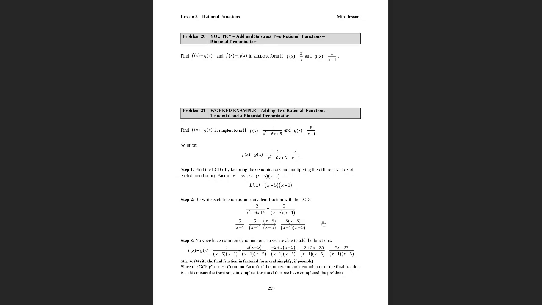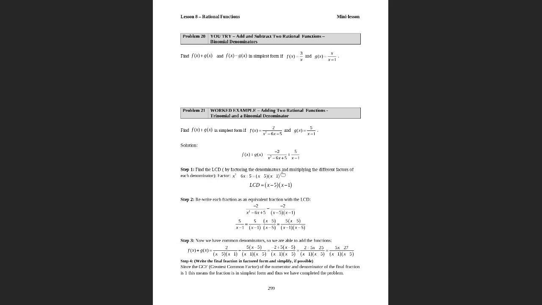Okay? So when you get to this point, you know that it's about the LCD and finding the same denominator and adding them together. To get the same denominator, you have x minus 1 here, x minus 1 here, and in the LCD, or expanding this, you have x minus 5, x minus 1.